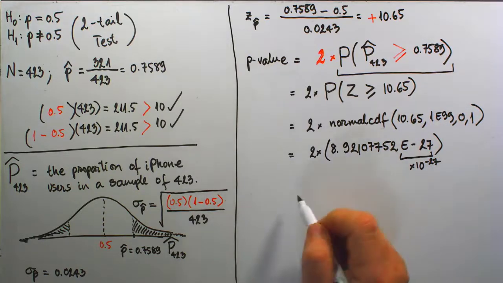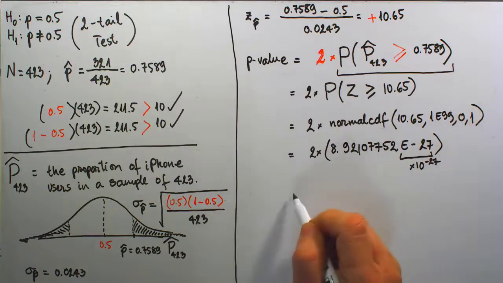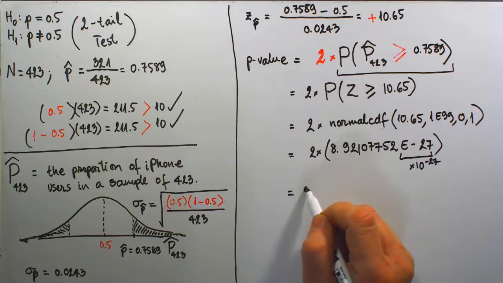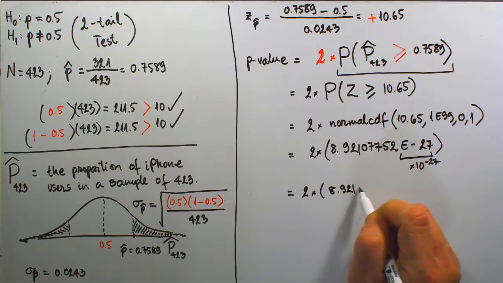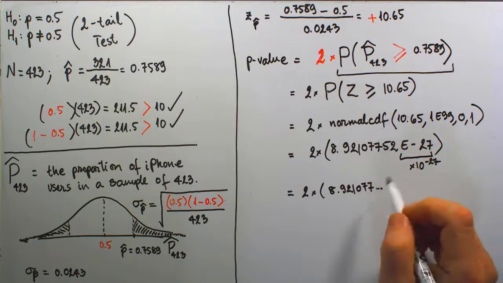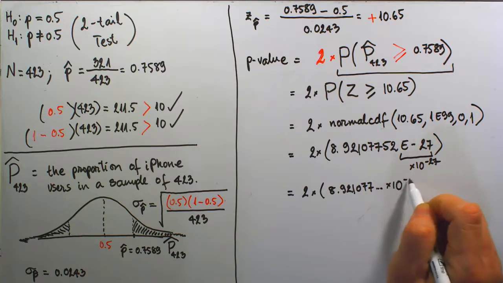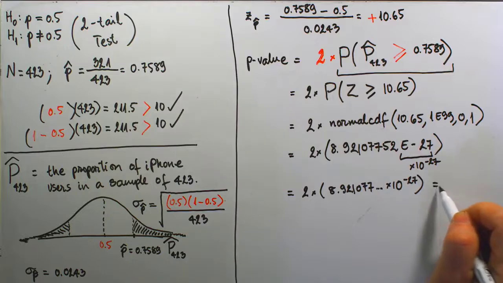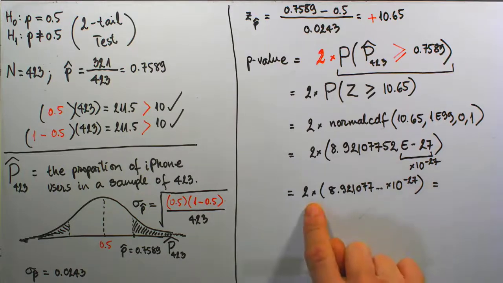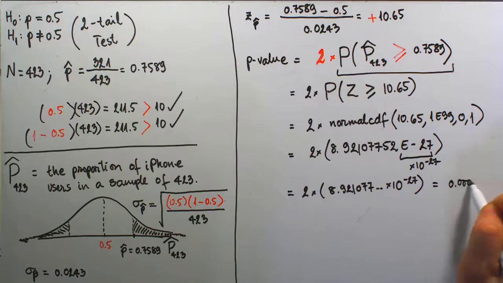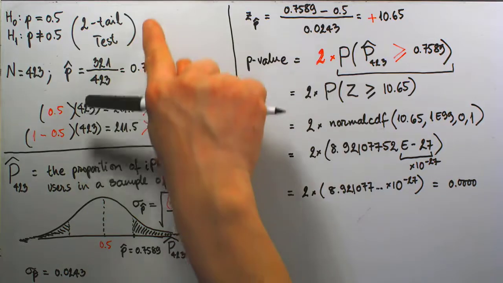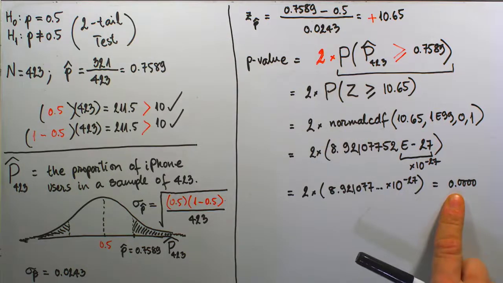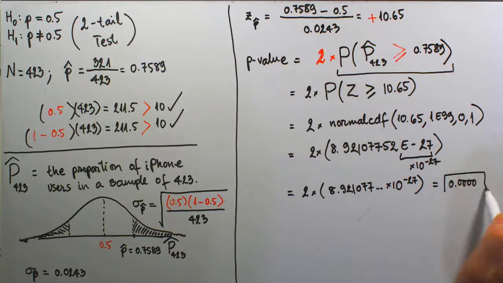So what it says here is that our final p-value must be 2 times 8.921077 and a lot longer times 10 to the minus 27, which is altogether, after multiplying by 2, just 0.000. So this is our final p-value, and we regard this as a two-tail p-value. So we now have gotten our p-value calculated.